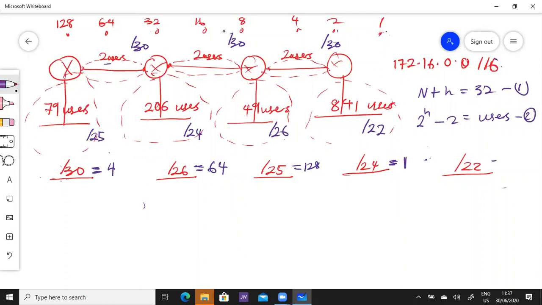And what about /22? What is the block size for /22? 4. It's 64.